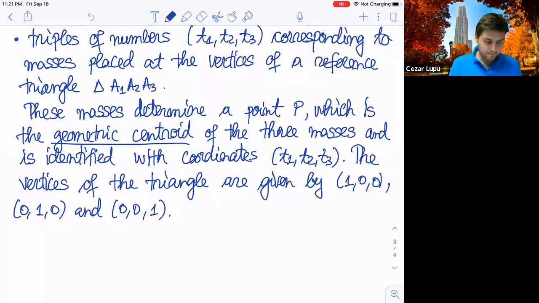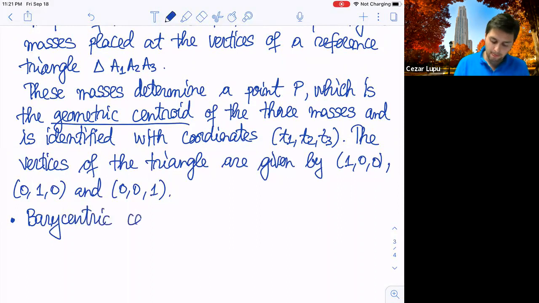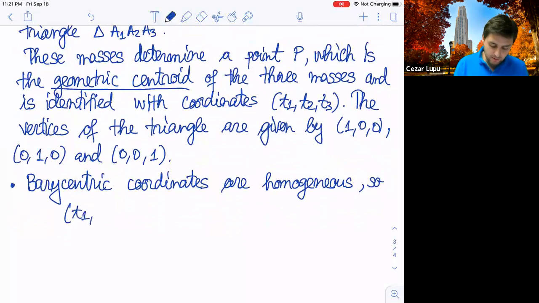So also I would like to say that barycentric coordinates are homogeneous. So one can have something like this, with this triple T1, T2, and T3.